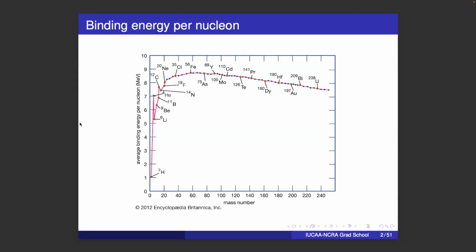Up to this point, fusion is the preferred way. Beyond this point, fission is the preferred way because the product is more stable. It has a lower energy than the source. So over here fission operates, and over here fusion operates.